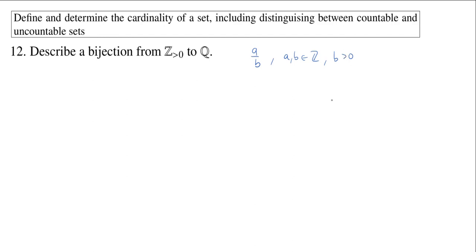And then I could reduce my fraction, and if I do that, then I'm basically saying that the GCD of a and b is 1. Okay, so if I had 3 over 6, I would reduce this to 1 over 2.